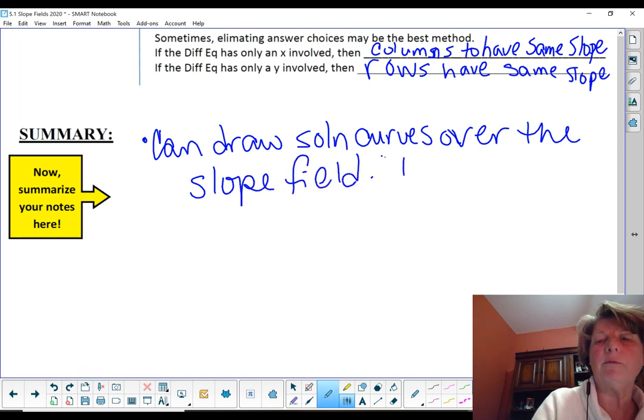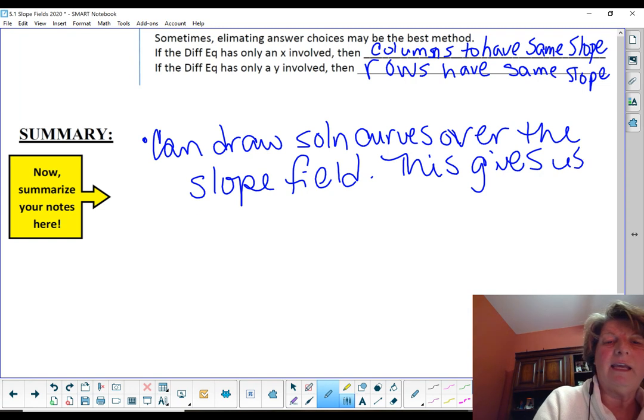This gives us the original function. Or it doesn't really give us the original function. This gives us a picture of the original function.